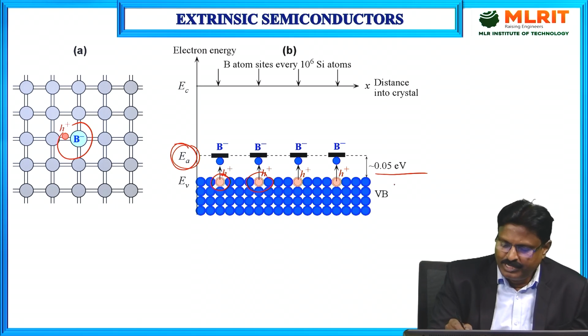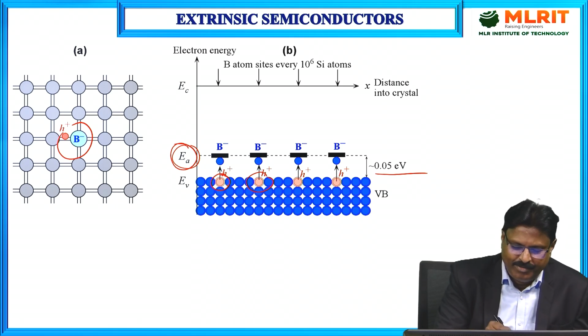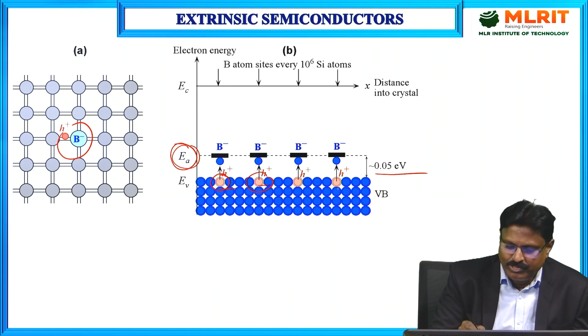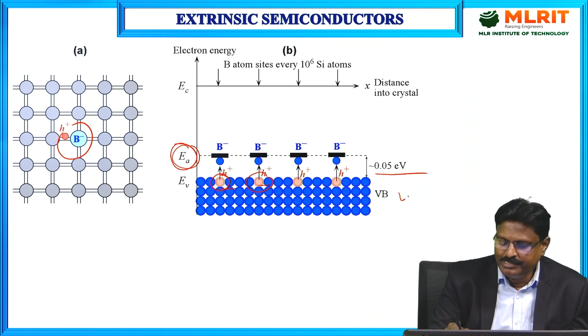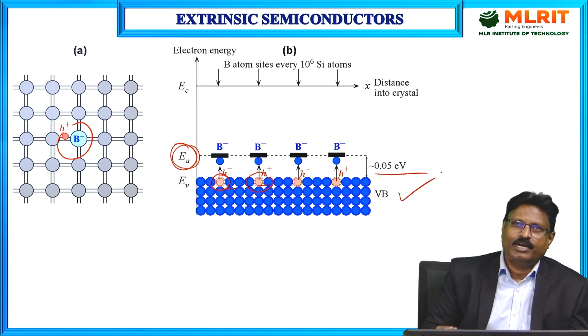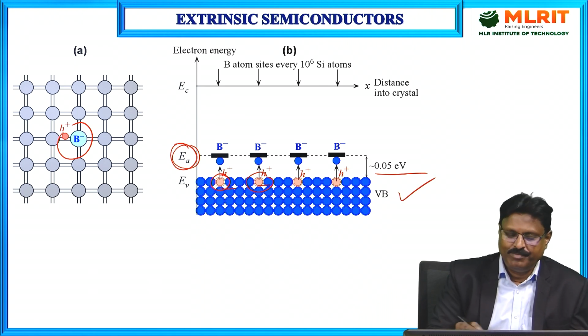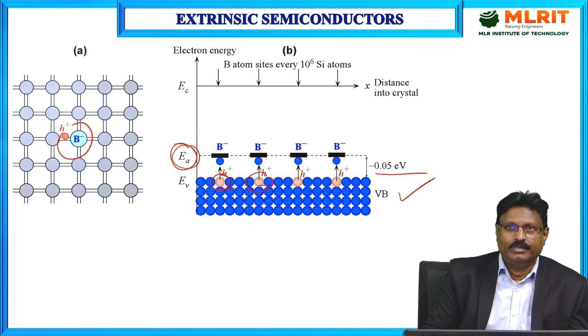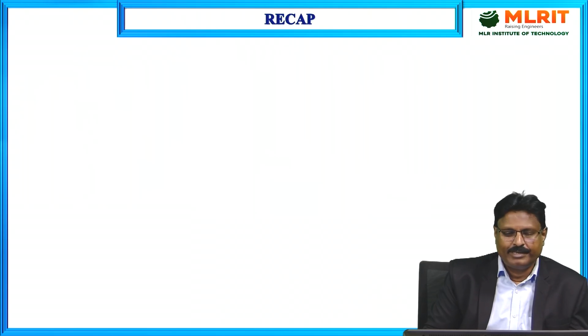So once again a vacancy is created, that is nothing but the creation of holes. The creation of holes means the number of holes in the valence band is increased, and the conductivity is also increased. Why? Because the movement of holes will happen in a large manner, since so many holes are there. So this is about the p-type semiconductor.